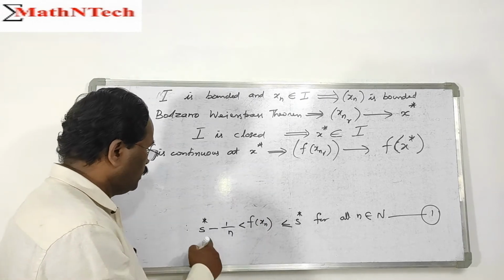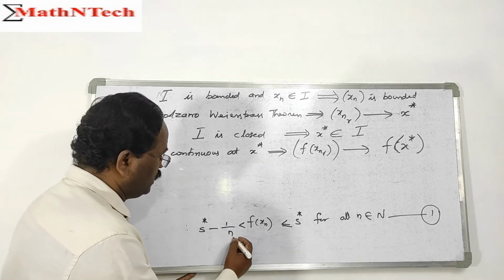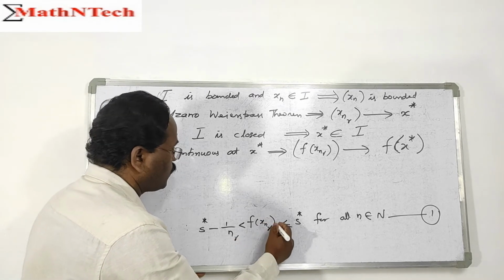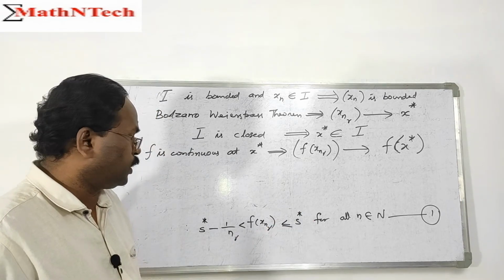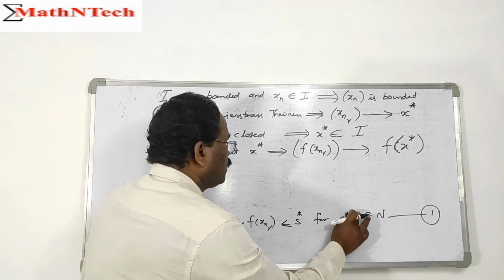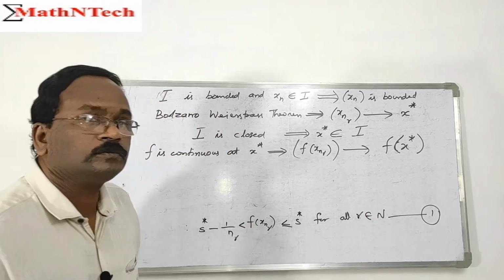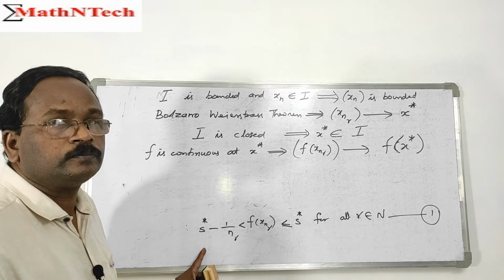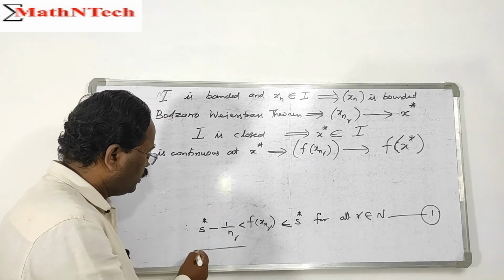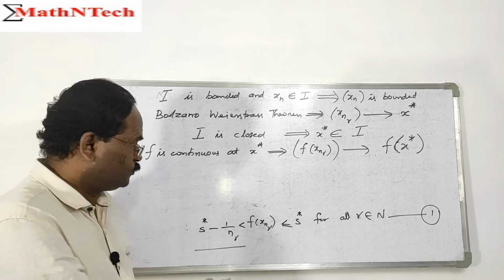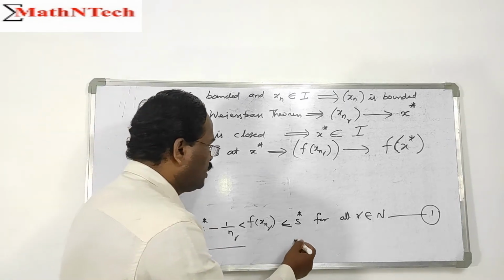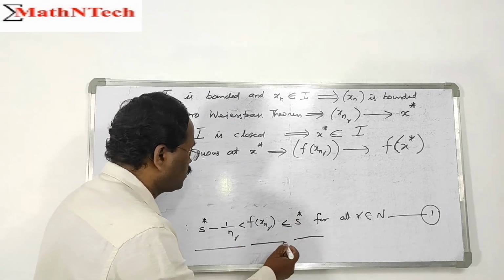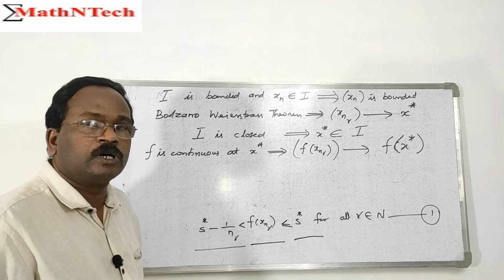That is, we get S star minus 1 by nr less than f of xnr less than or equal to S star for all r element N. Now, by the Squeeze theorem, the left hand side, S star minus 1 by nr, converges to S star and the right side converges to S star. Then clearly the middle f of xnr converges to S star.